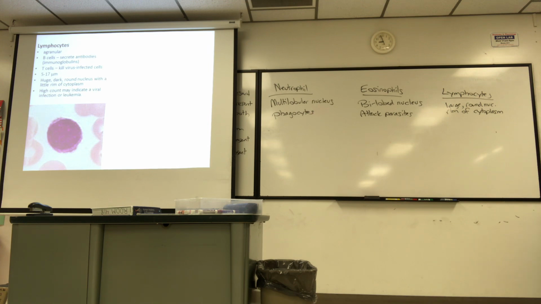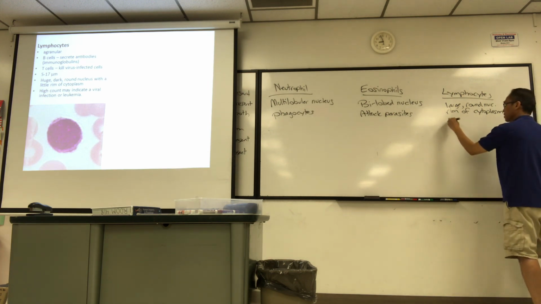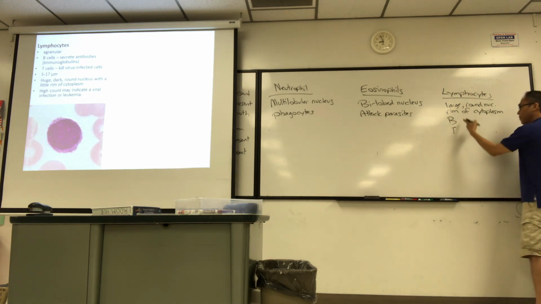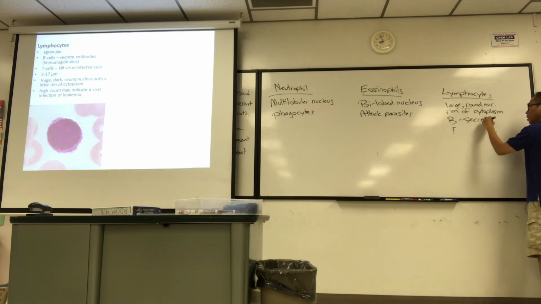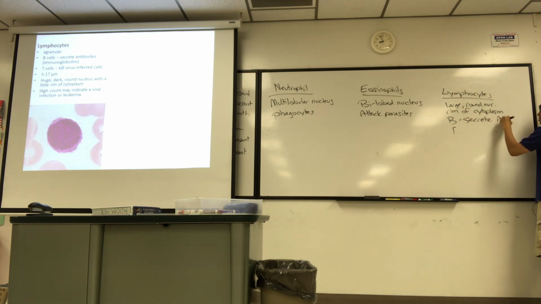Now, the other thing is, you got two kinds, the B and the T. There's subpopulations of B and T, but basically the B cells, they're the ones that are the antibody generators. They're antibody factories. Secrete antibodies, ABs.